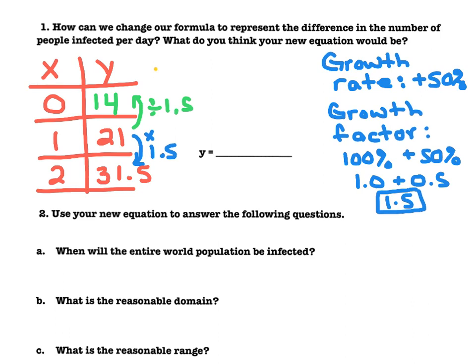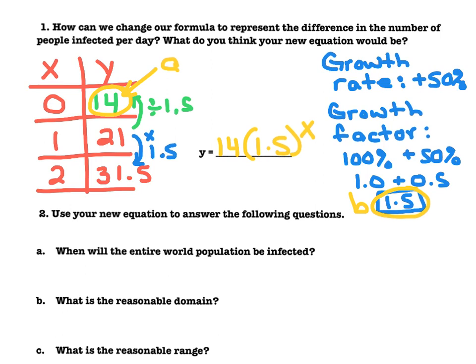So identifying our values, this is our A value for the equation. Our growth factor is our B value. So our equation would be 14 times a growth factor of 1.5 to the power of x, where x represents the number of days and y is representing our number of people infected.